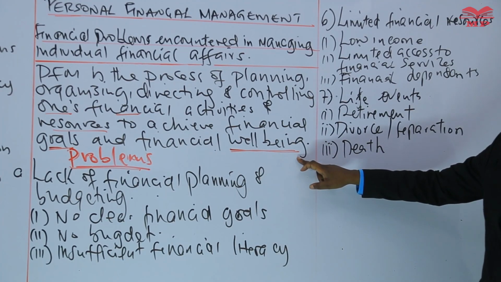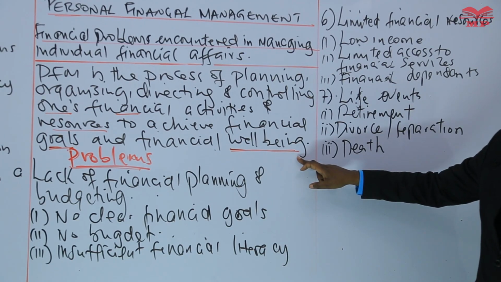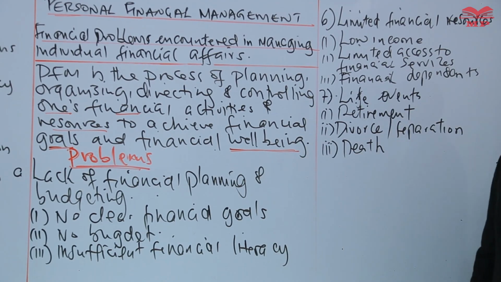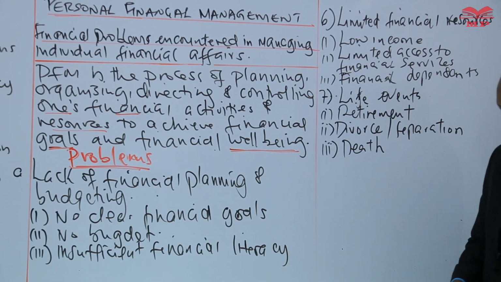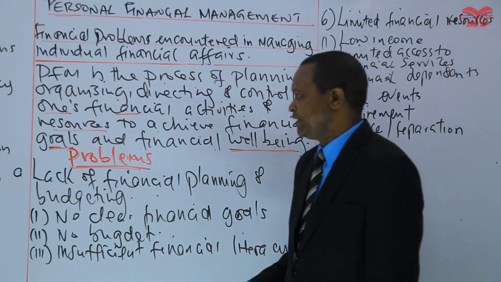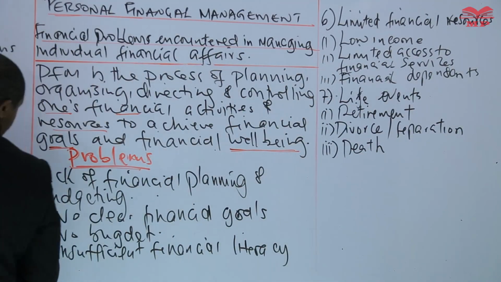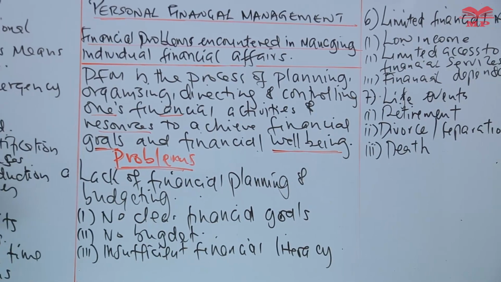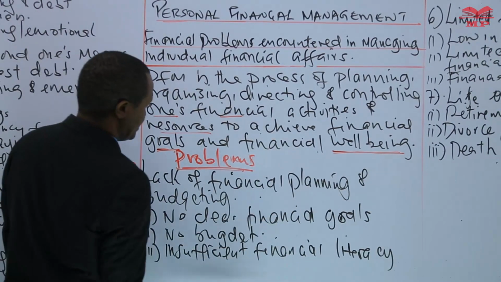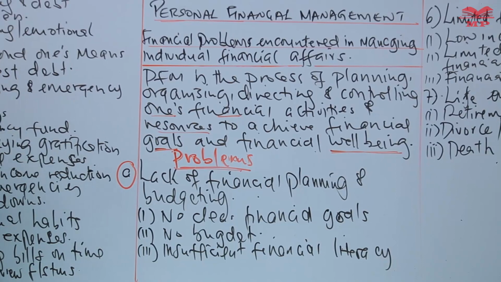We further in this lesson discussed the financial problems encountered in managing individual financial affairs. These problems we have categorized in 7 categories. The first category is lack of financial planning and budgeting.